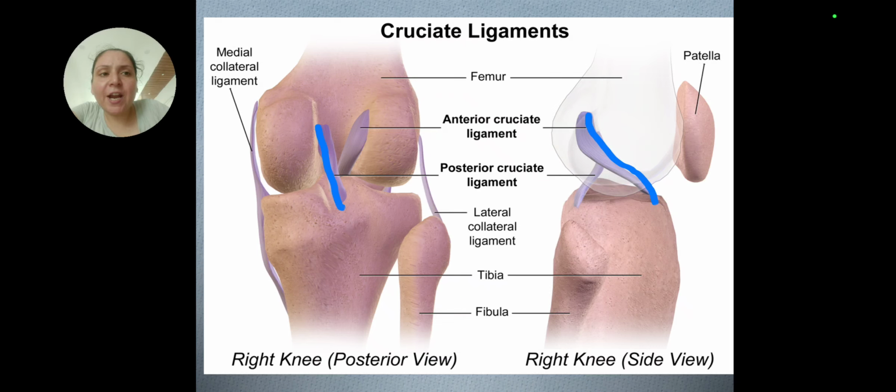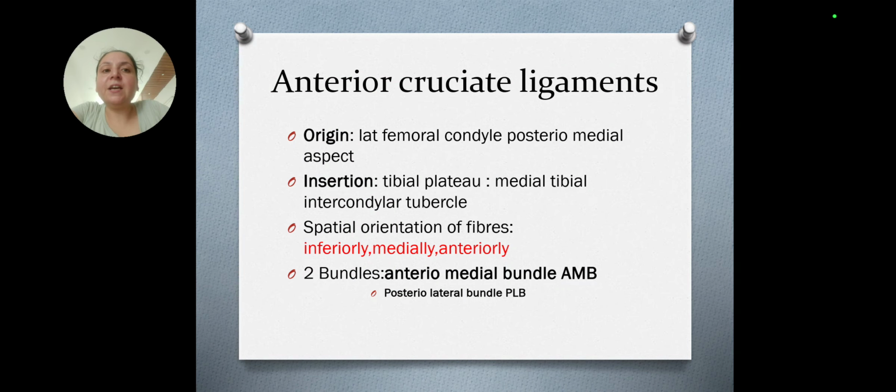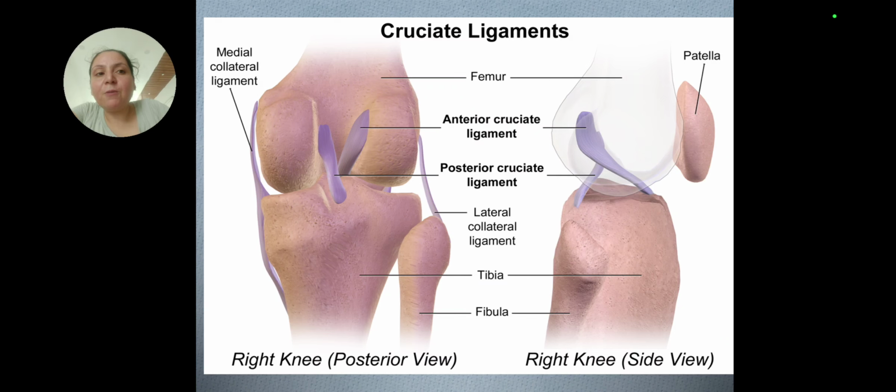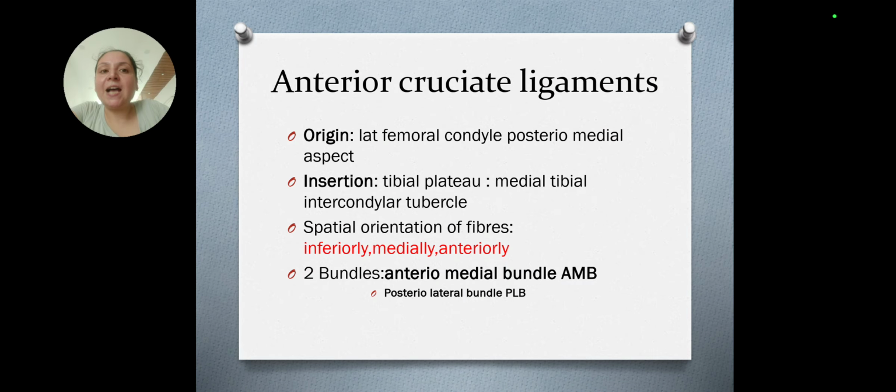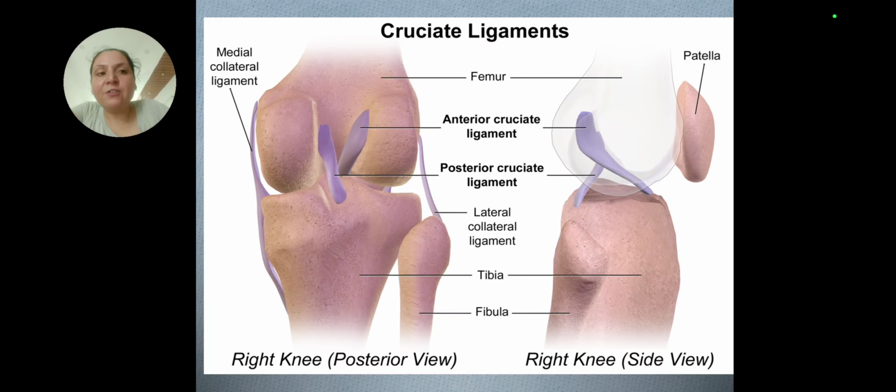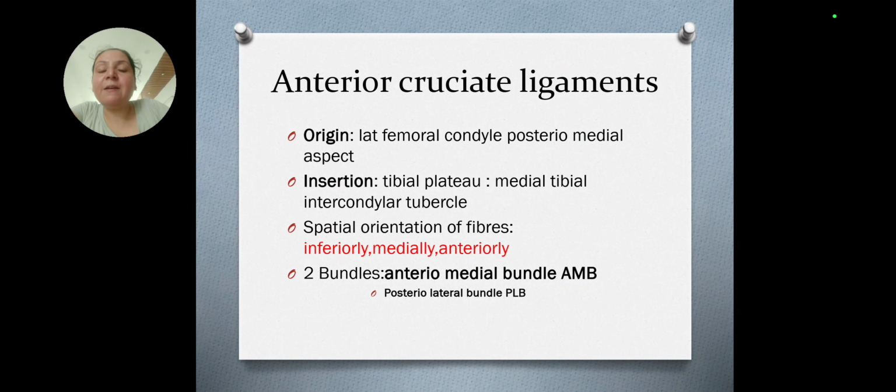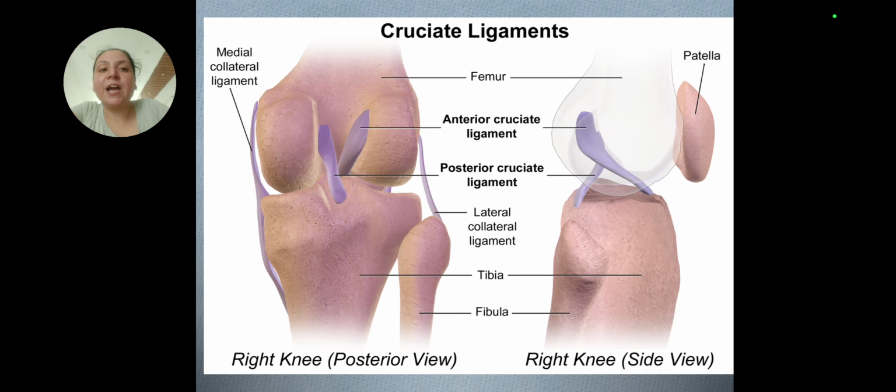Now here you can understand it is arising from the posteromedial aspect of the lateral femoral condyle, and then it goes anteriorly and medially to the tibial intercondylar surface, the intercondylar tubercle.